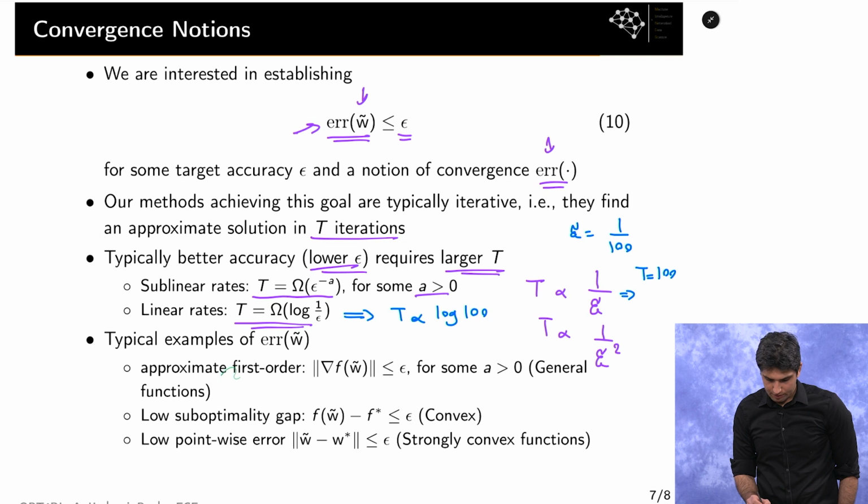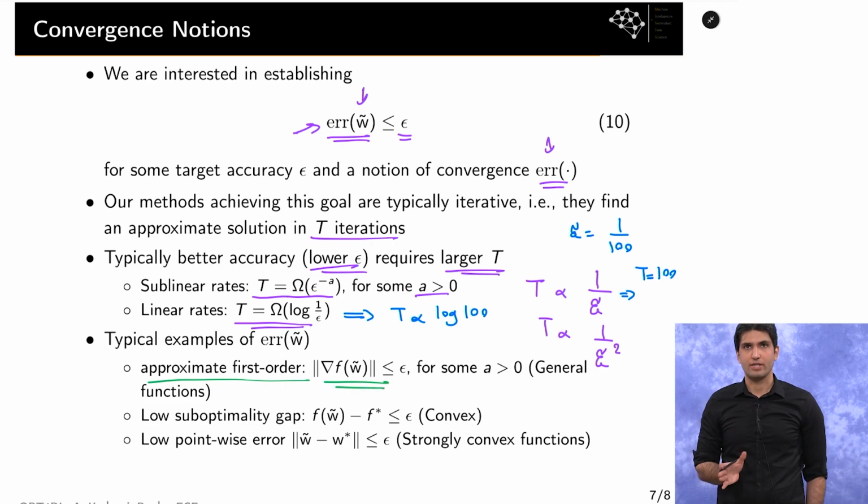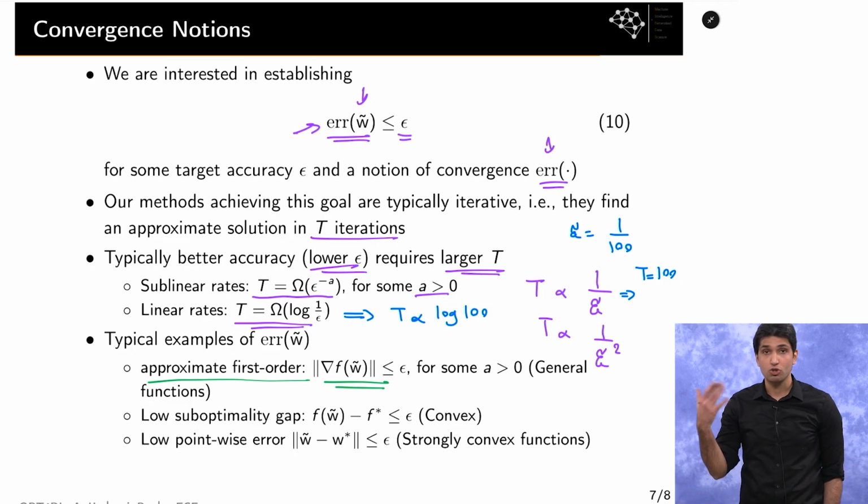The first example has something to do with approximate first order. All I care about is to find a solution W tilde where the gradient norm is at most epsilon, okay? Again, this just says that your solution is going to be an approximate first order solution. It could be a local minimum, a global minimum, or even a local maximum.